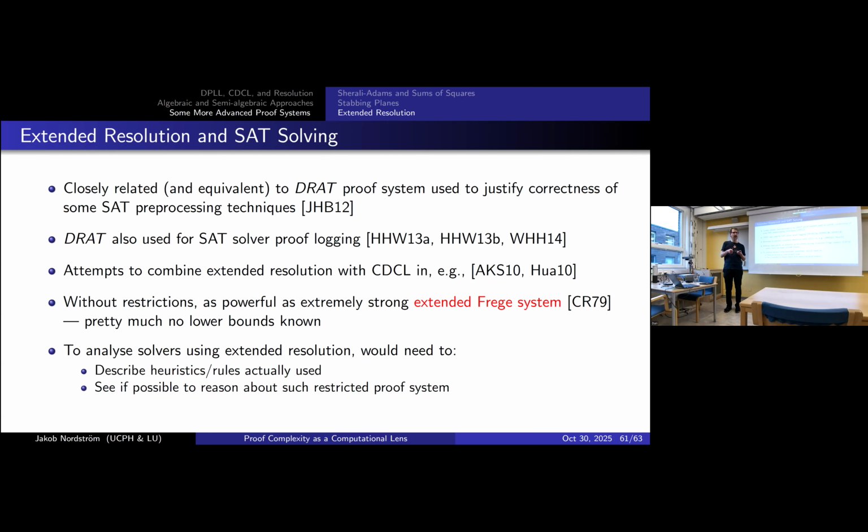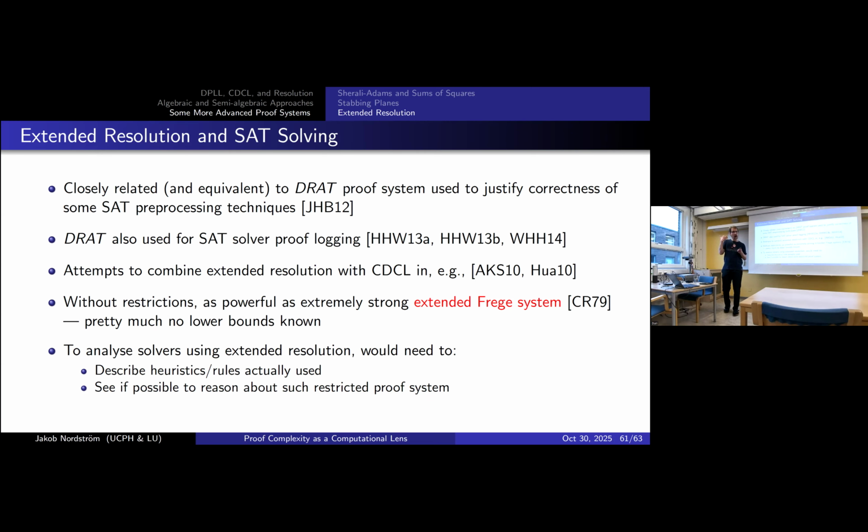You introduce a new variable A, and then you introduce a new variable B, and maybe the defining clauses for that variable can use A. And then you define a new variable C in terms of A and B, and you can use this in resolution to build up. The way to think about it, you can almost build up arbitrary Boolean circuits, and then apply reasoning on those circuits. And that turns out to be super powerful.